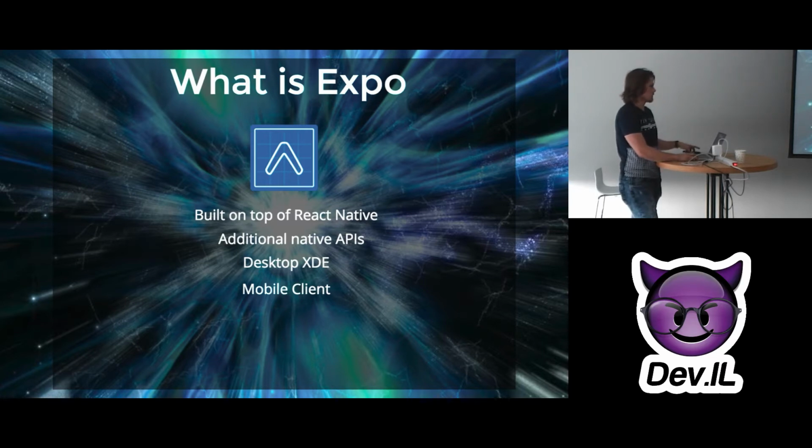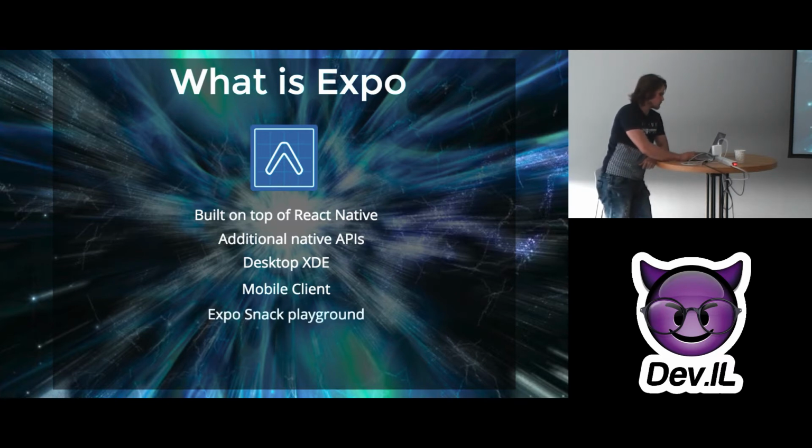Like you have the application on your phone, and then from desktop XDE, you can just click a button, run on my phone, and then you see the application you're developing on your phone. Of course, when your phone is connected to a computer. Also, you can share these things so everyone on the same network can check this application and much more.